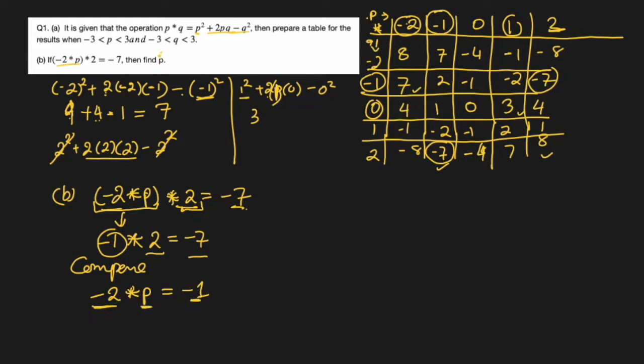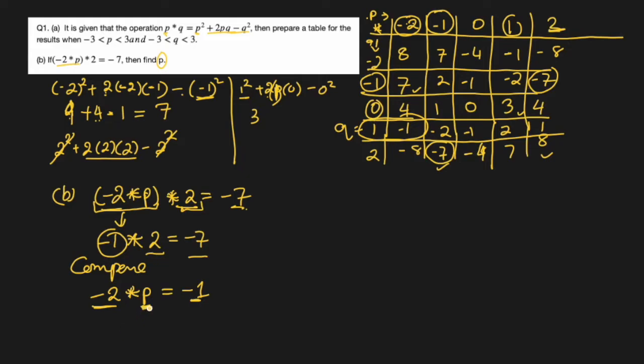Now we'll have to see that -2 star what gives you -1. They have used the same alphabet P 2 times. I think we should have used something else, but the solutions from where I looked at, they used P. So I have used P, but this P is different from general P, this one. Okay, keep in mind. So -2 is here in this column. Where do we get -1? Here. Yeah, and what is Q in that case?